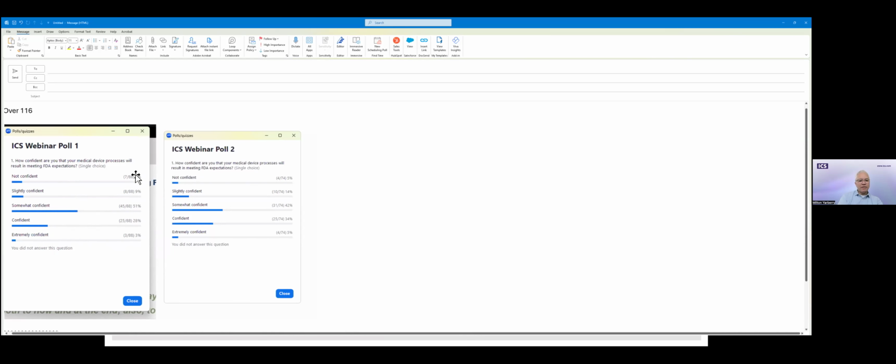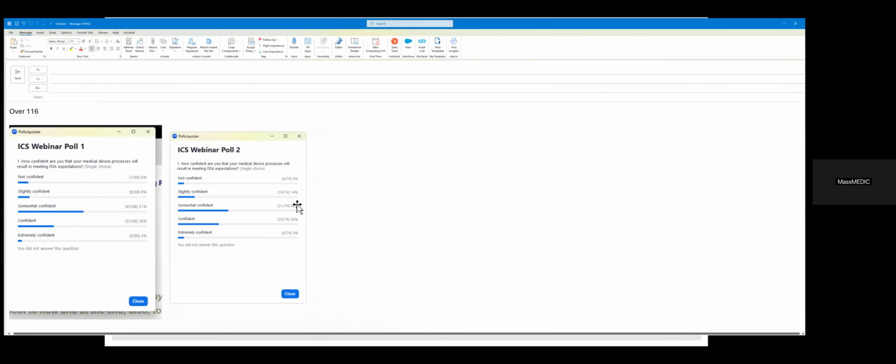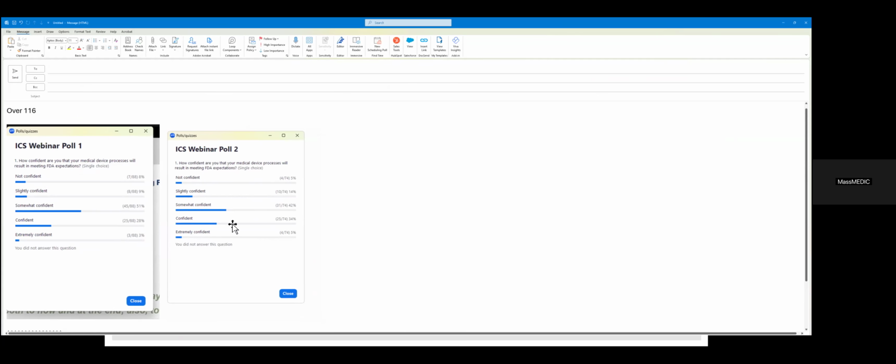Colin, let me look at the percentages. Sorry, I'm not sure if the one on the right is the most recent one. The one on the right-hand side, poll 2, is the most recent one. So that's what folks just did. Right. Okay. So for example, extremely confident went up by 2 points.